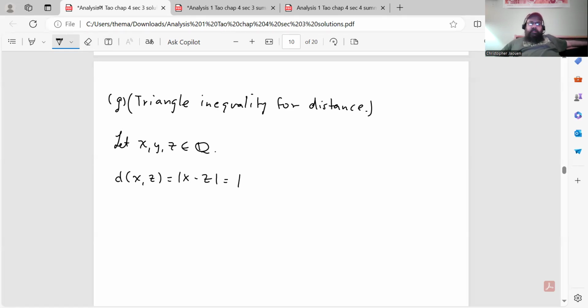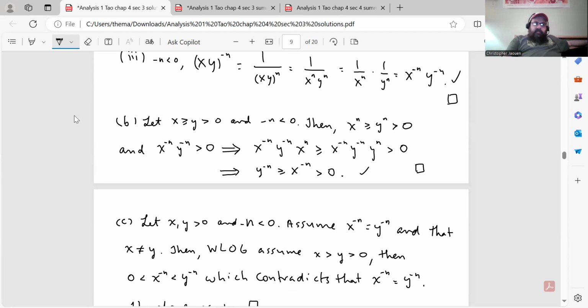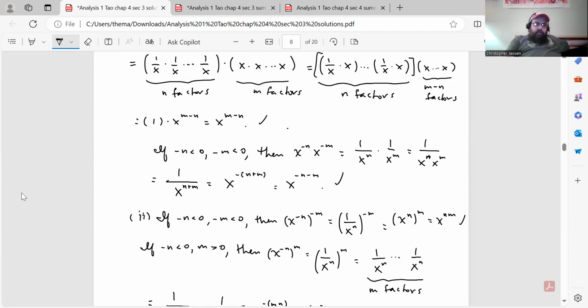This is equal to the absolute value of x minus y plus y minus z, which by the triangle inequality for absolute value is less than or equal to the absolute value of x minus y plus the absolute value of y minus z, which is equal to the distance between x and y plus the distance between y and z, which is the triangle inequality. So that proves that one. Hopefully I didn't forget to do any of the other parts, but we'll see.